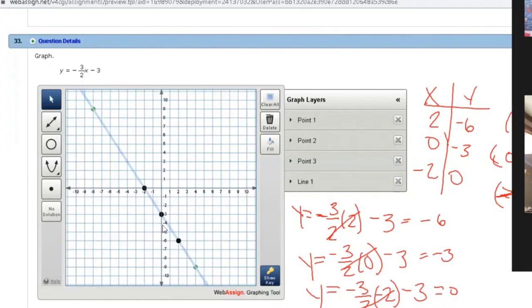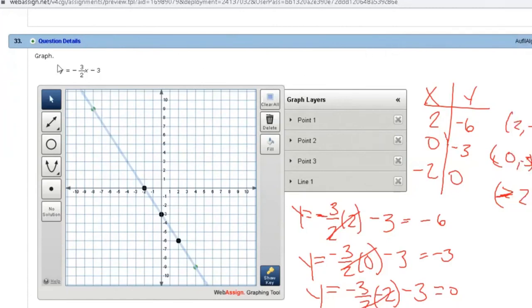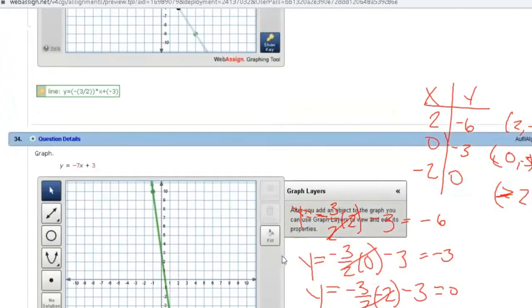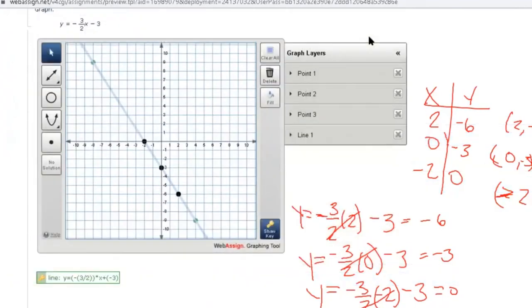And as you can see, if we connected them, we will also get the same graph of the same line, okay? So that is the 3-point method that we talked about, the slope-intercept method, and we also talked about finding the x and y intercept. So let's look at one of those.